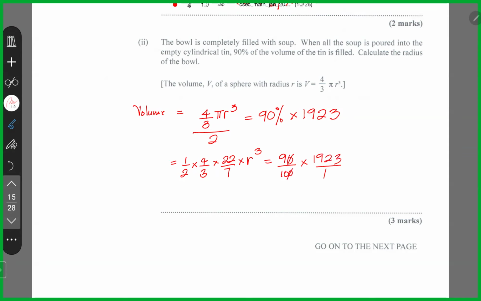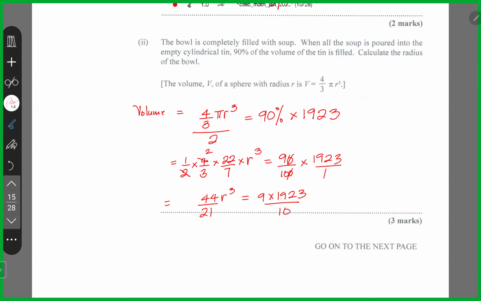Well, 0 cancels 0. 2 into this goes 2. Don't think anything else can cancel. So we have 44 over 21 r cubed is equal to 9 times 1923 over 10.